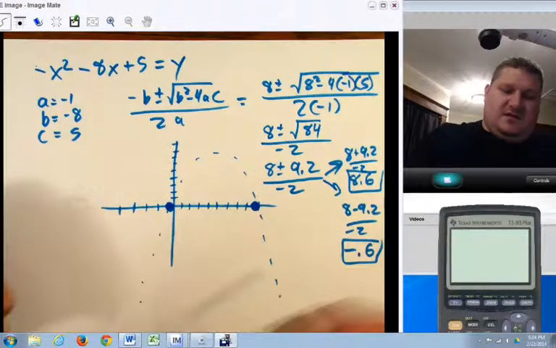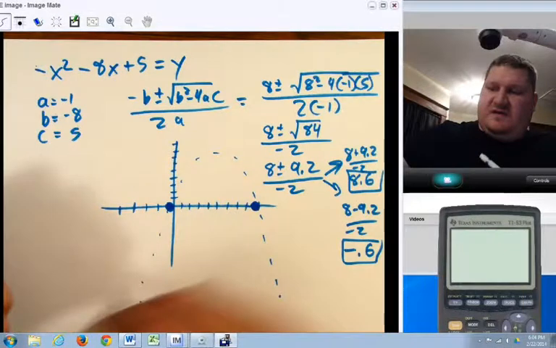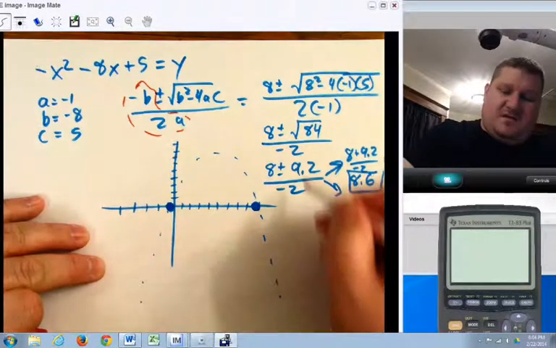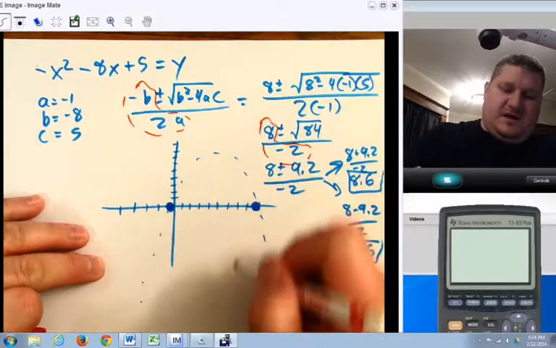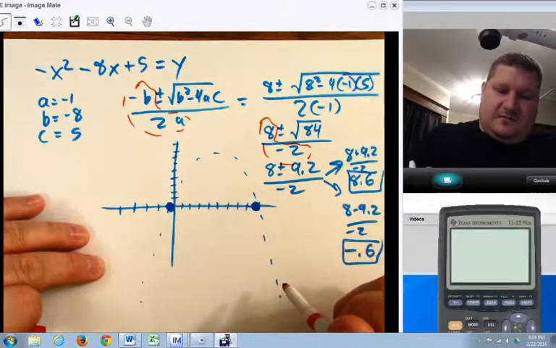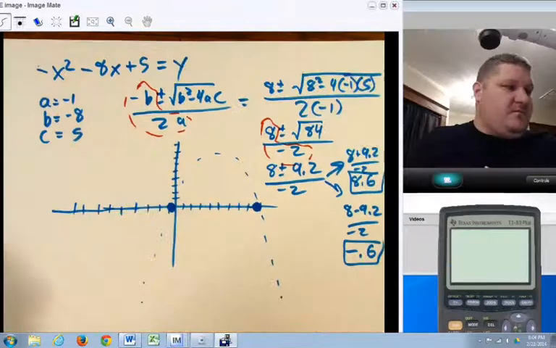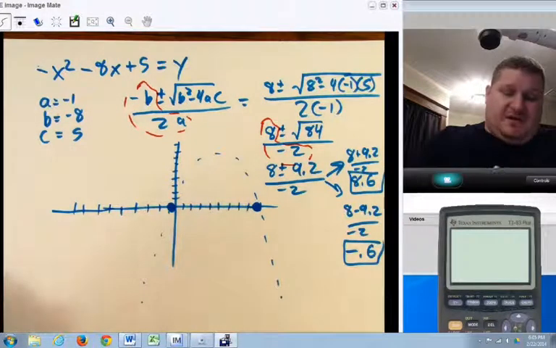Well, let's find it. Remember, vertex is opposite of B over 2A. I paused because I realized I made a mistake.